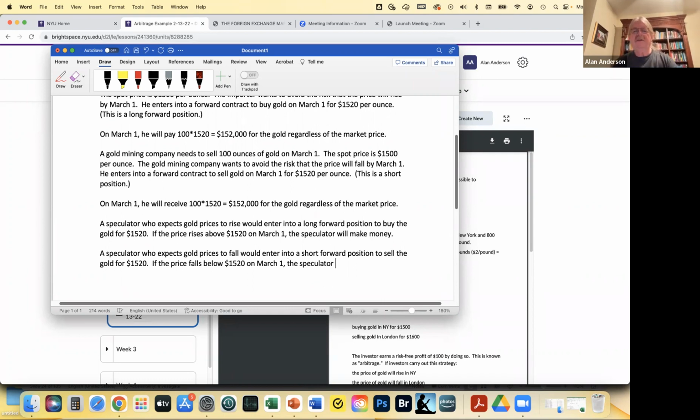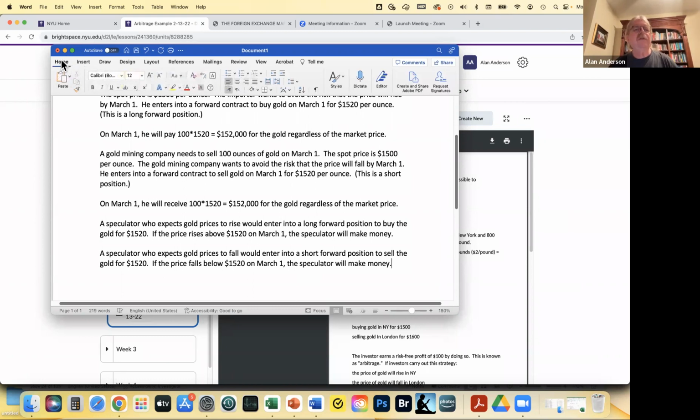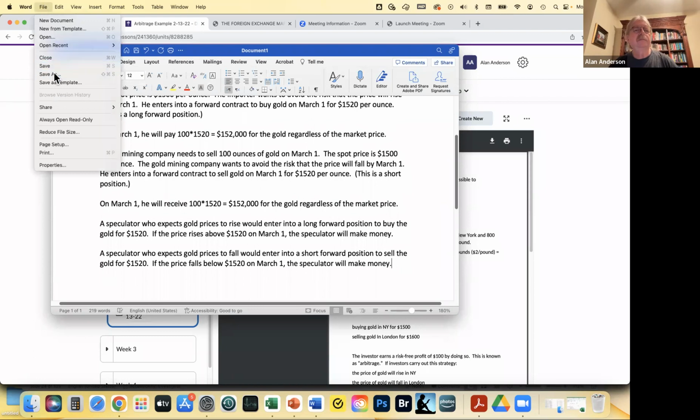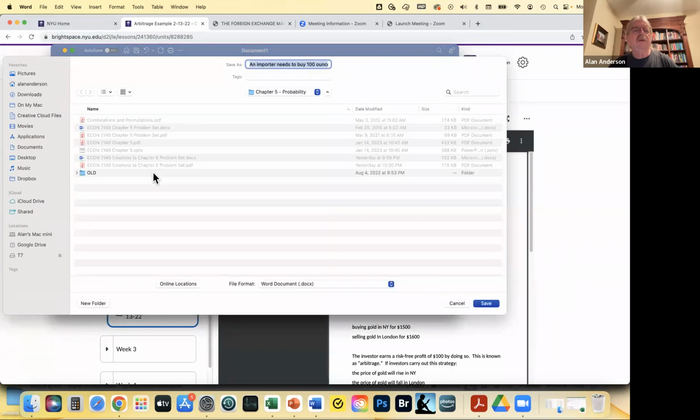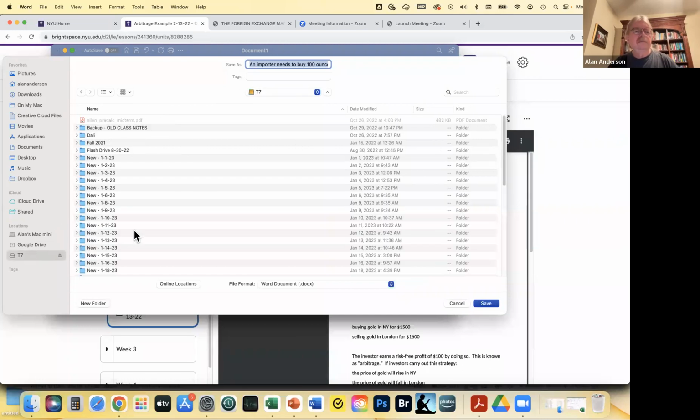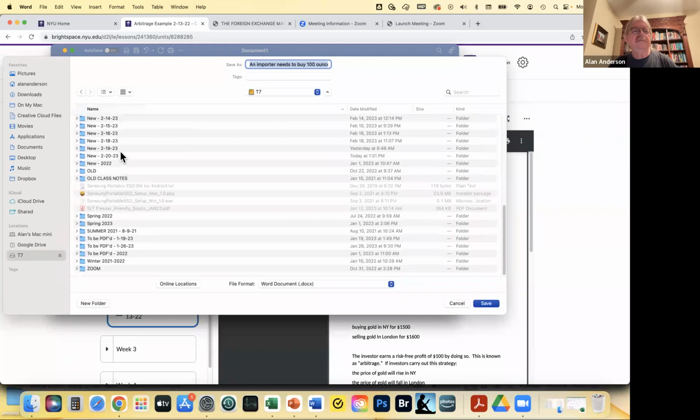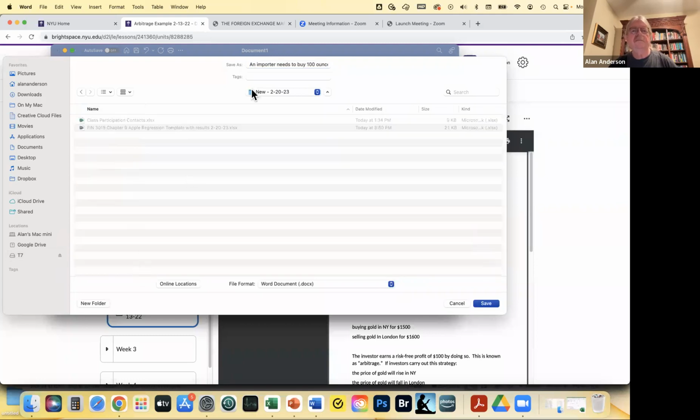All right, let me just finish this real quick. I'm going to save this before I lose it, because somebody may want to see this. I'll just call it hedging example, and today's date, of course.